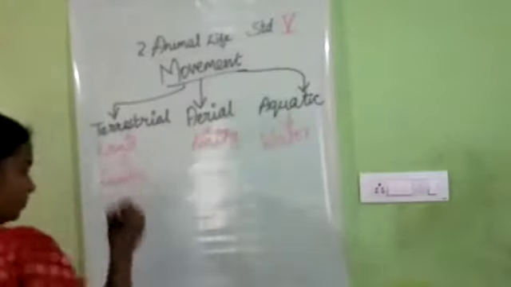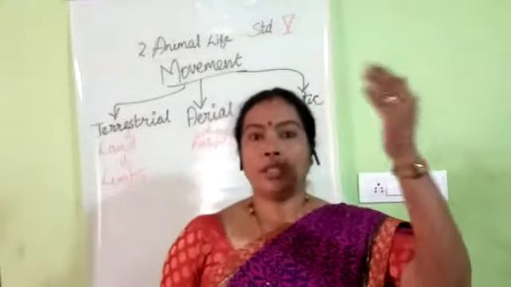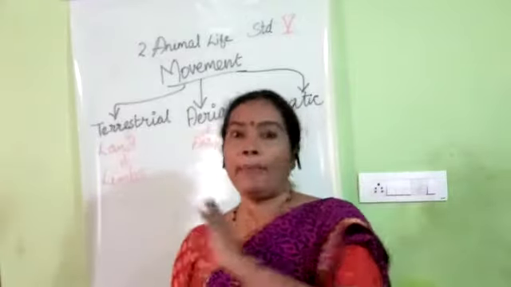L-I-M-B-S, limbs. The 2 limbs, otherwise 2 arms, are in front and 2 are in the back.